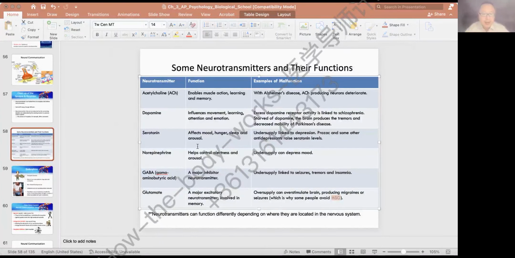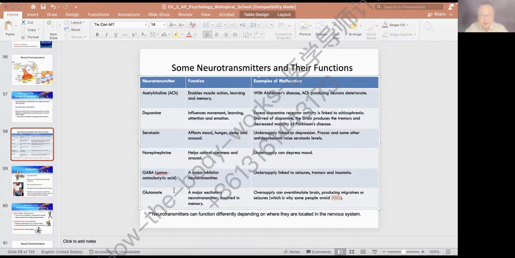I have found the full name of MSG, and I will send it to you via the WeChat system.